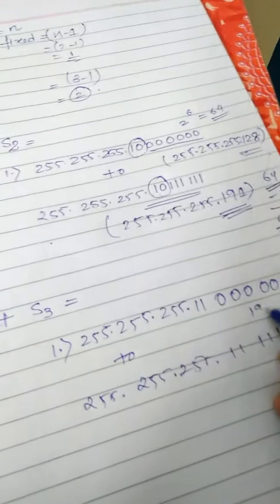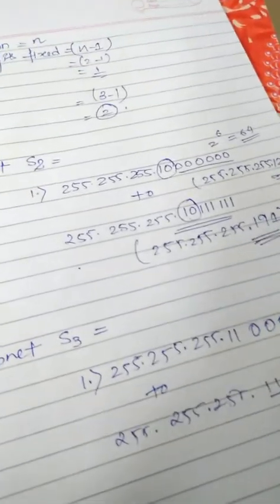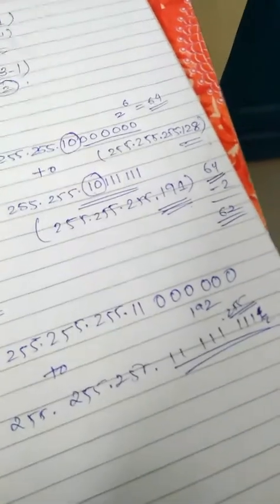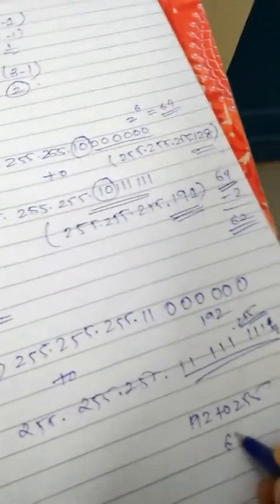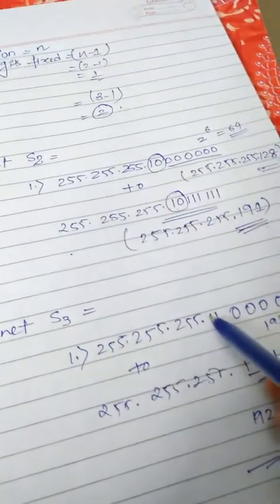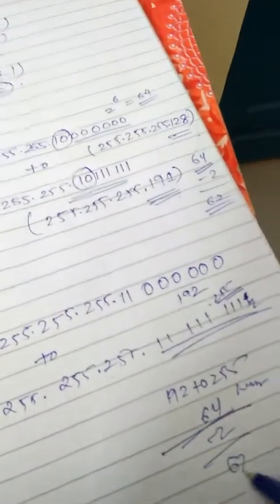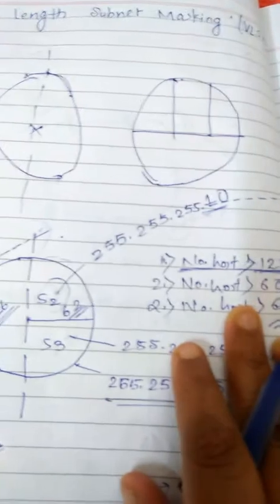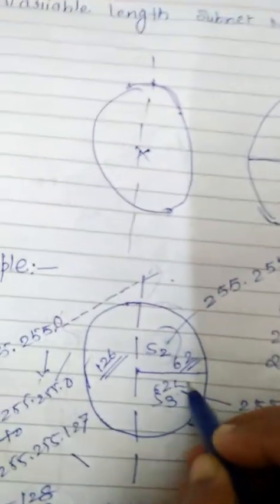Then it will range from 192 to 255, right? So from 192 to 255, it will be 64 ways. Okay, in a similar way we will subtract the first and last, that is minus 2, that is 62. So we are able to get this requirement also, 62 ways.